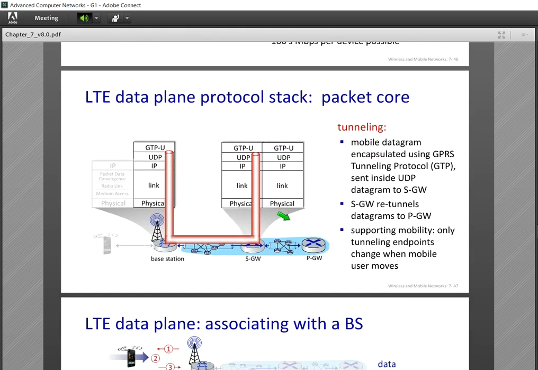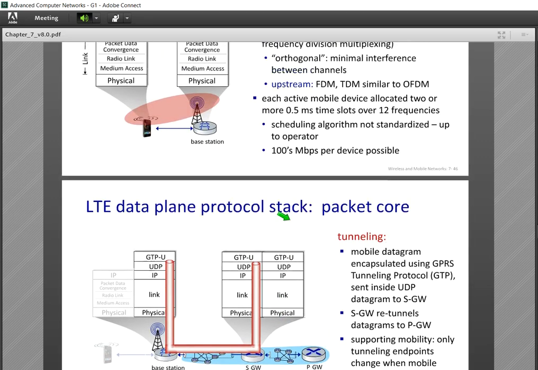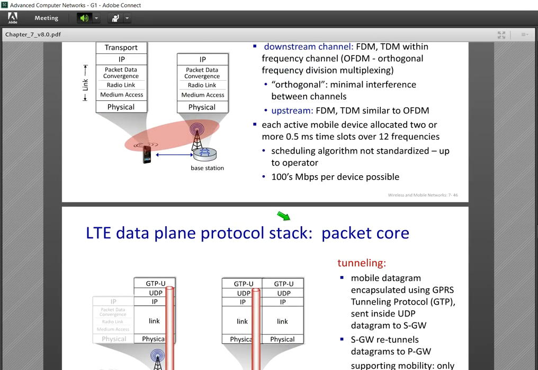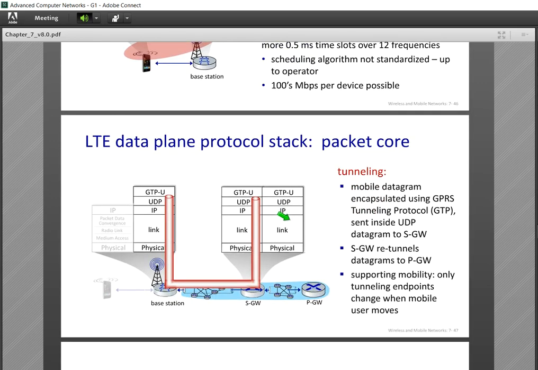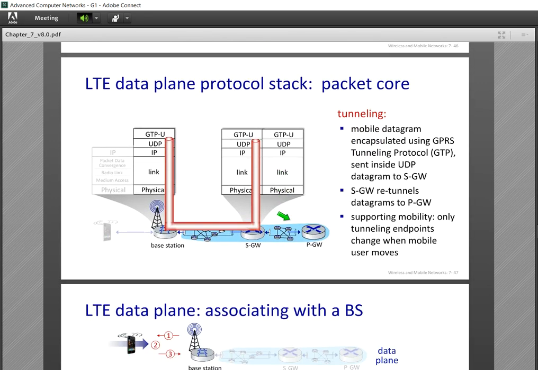And here you can see the other side of the cellular technology. We talked about this part, the wireless access network, and now, after the wireless access network, I should send information toward the core.